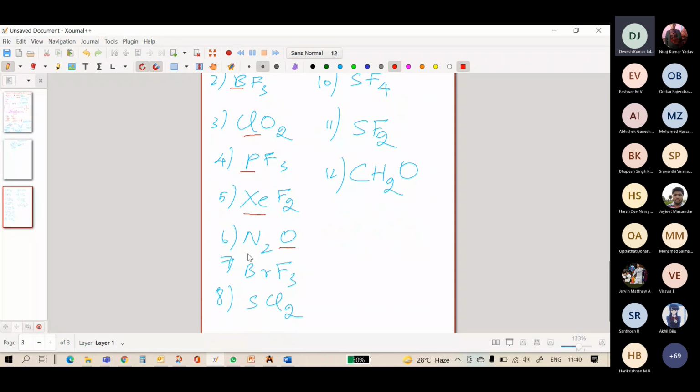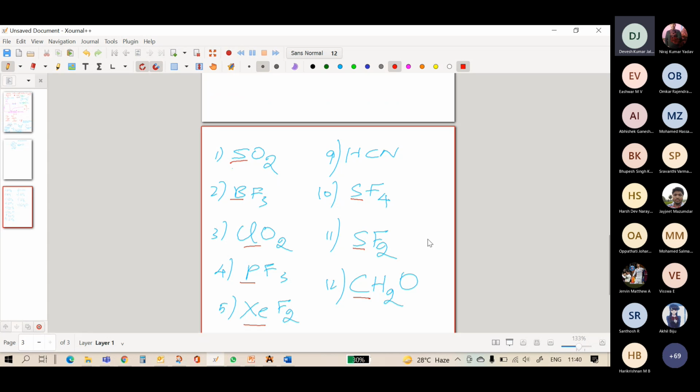No, I think it's one of the nitrogens that is the central. Okay. So these are the molecules that I'm giving you.